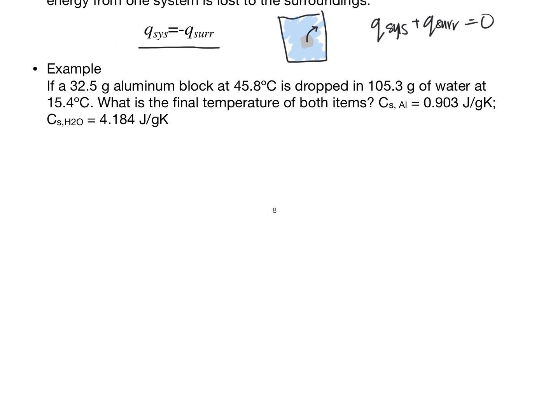In this case, we need to think about the fact that Q of the aluminum is equal to negative Q of the water. So the mass of aluminum times C sub s of aluminum times delta T is equal to negative mass of the water, C sub s water, delta T. Both of these are going to be different, so we'll mark them AL and water.